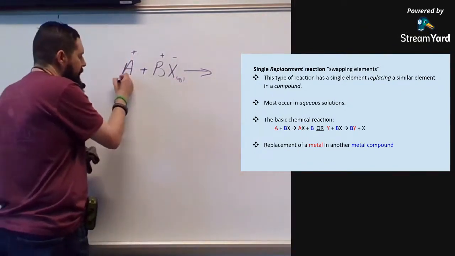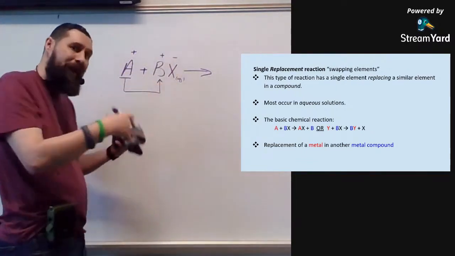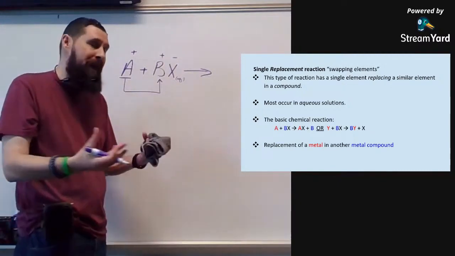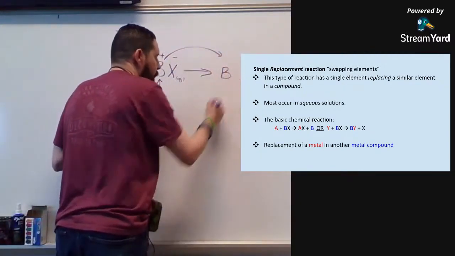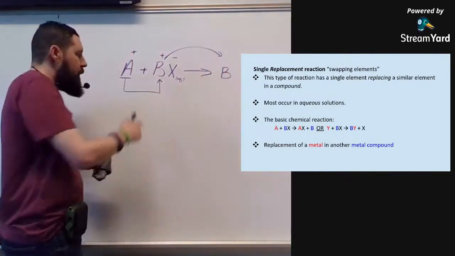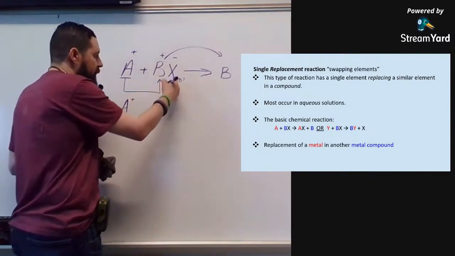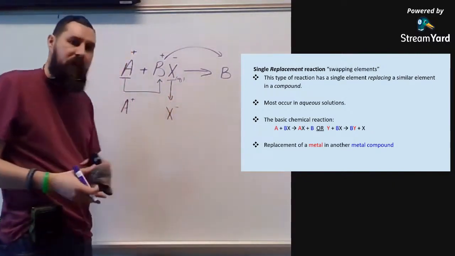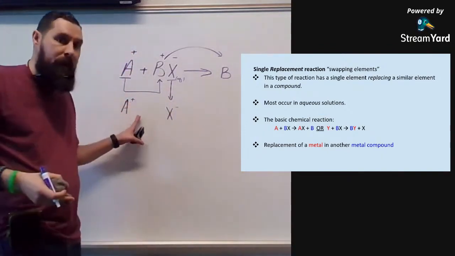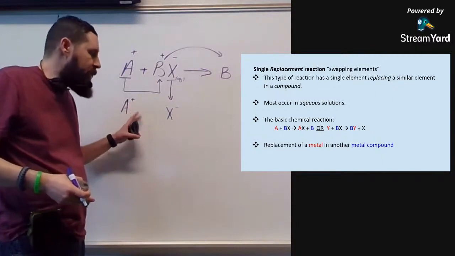But what's going to happen is A is going to come over and it's going to replace component B, or it's going to displace it over onto the product side. Then I'm going to have A with its positive charge now able to combine with X with its negative charge, which A can be +1, +2, +3.